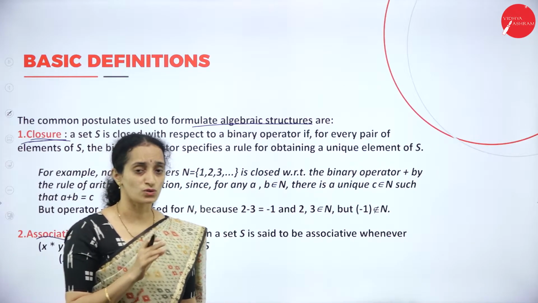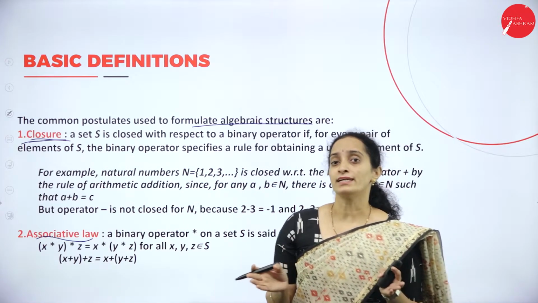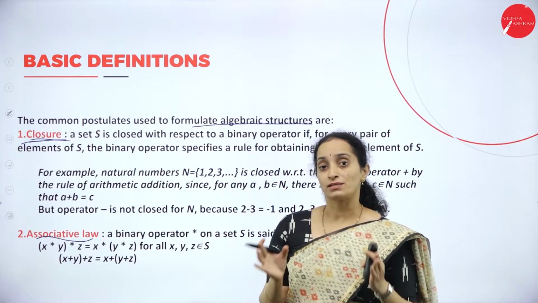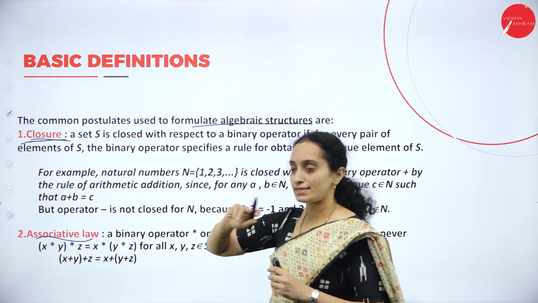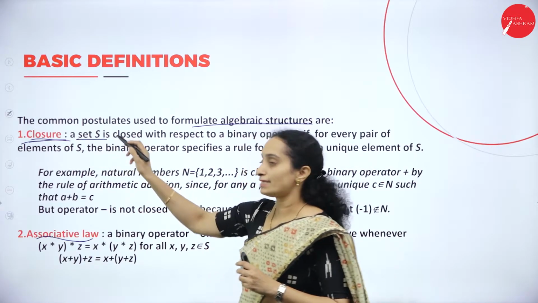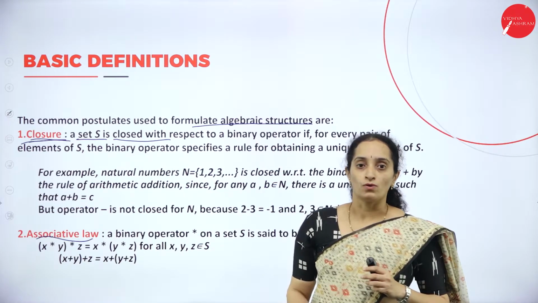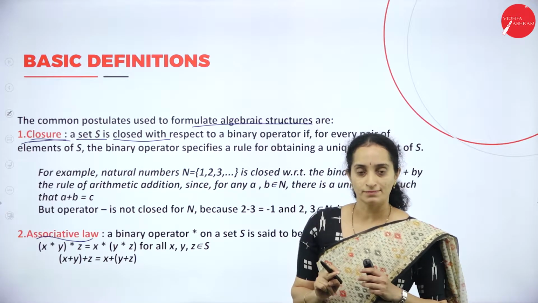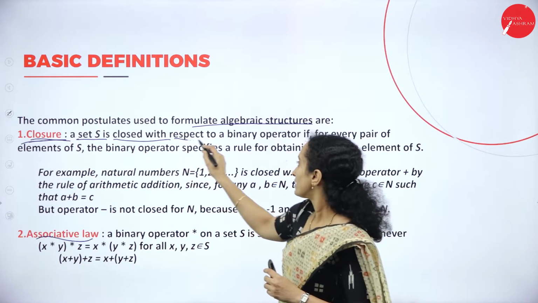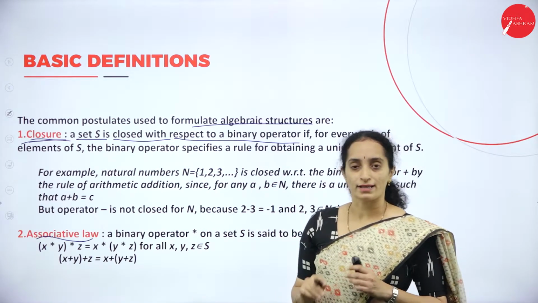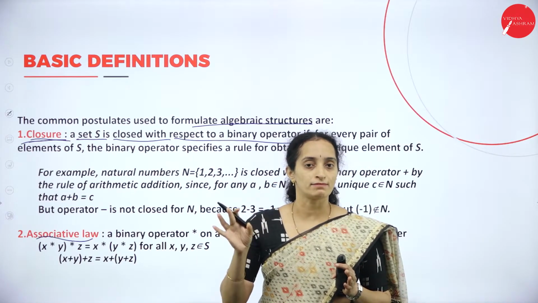What this closure law is all about is that it specifies that the operands must be closed. That means if you have a set S, it can be called a closed set, or it holds the closure law, with respect to a binary operator, any binary operator: plus, minus, multiplication, division.